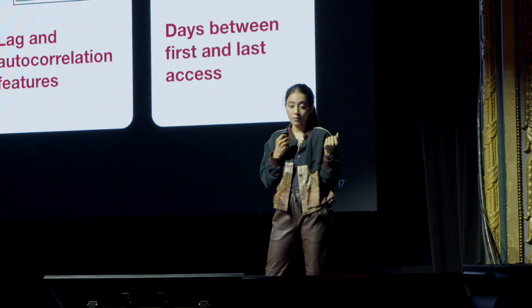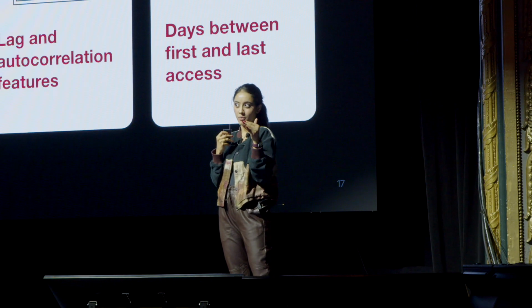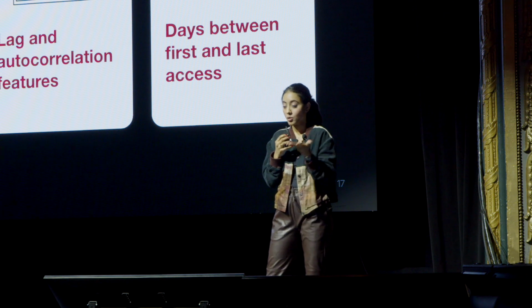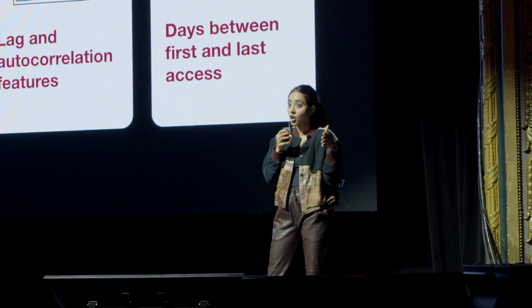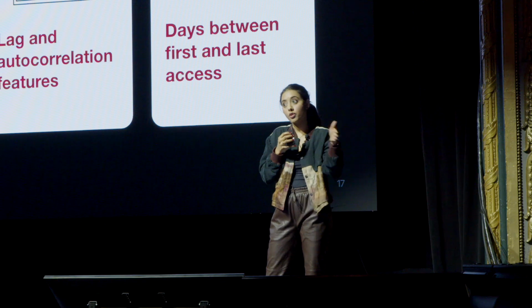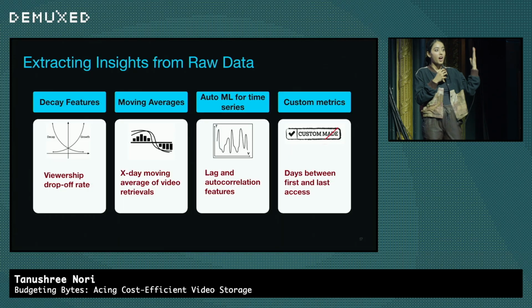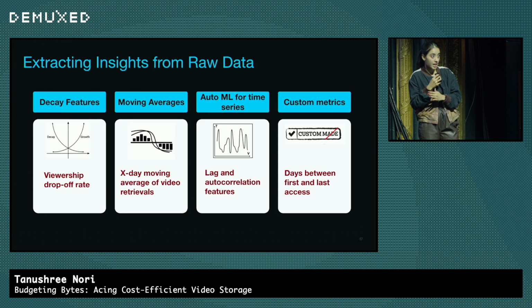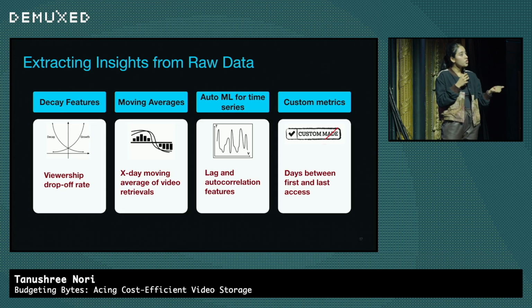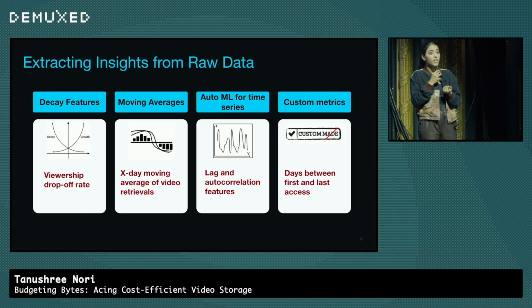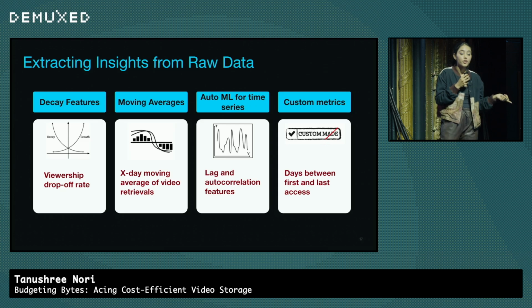Feature engineering, step 2 in our pyramid, is at the heart of making the system work. It transforms raw data into meaningful information for the model. For example, you have decay features, which give you a sense of how engagement decreases over time. An example is viewership drop-off rate. You could think of other examples like the half-life of a video.